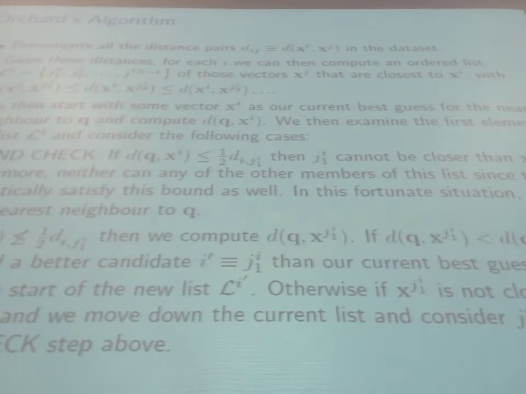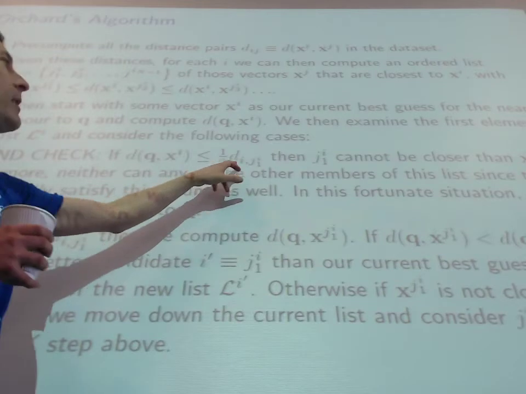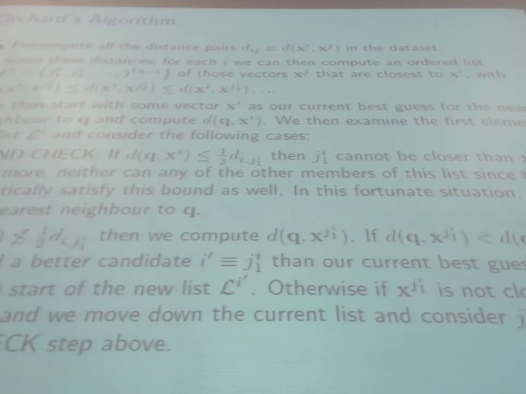And then you could do the following thing. You say, well, let me check. First of all, I jump to the list corresponding to xi, the li, and I check the distance, the first element of this list, that's d between xi and xji subscript 1.